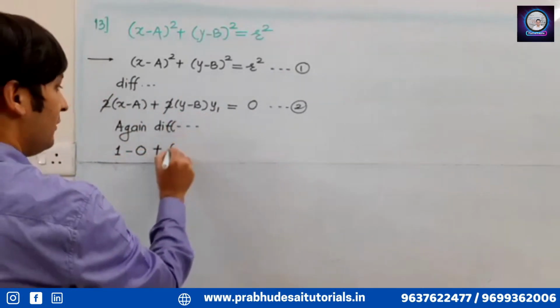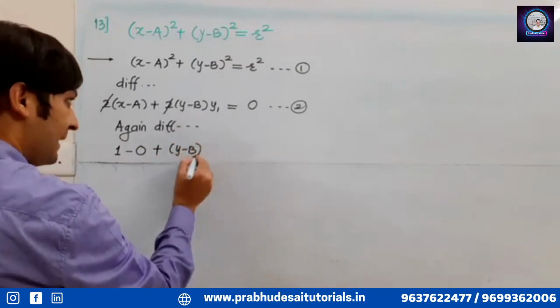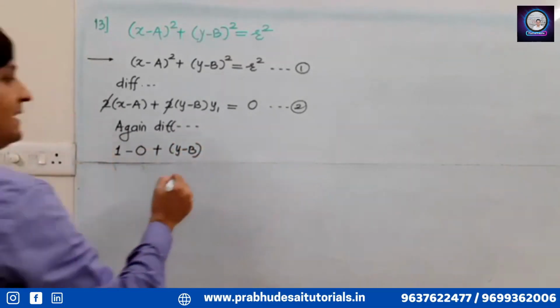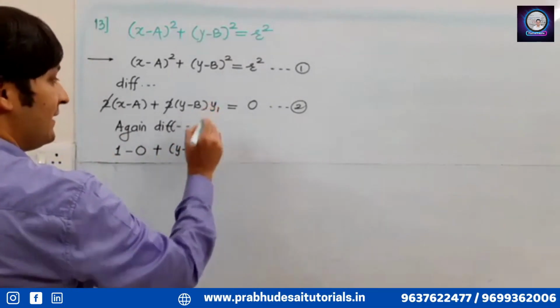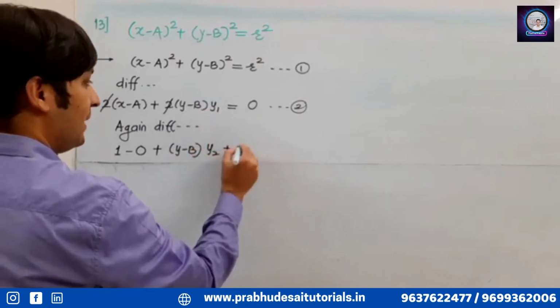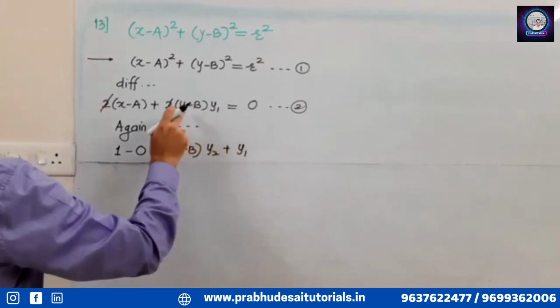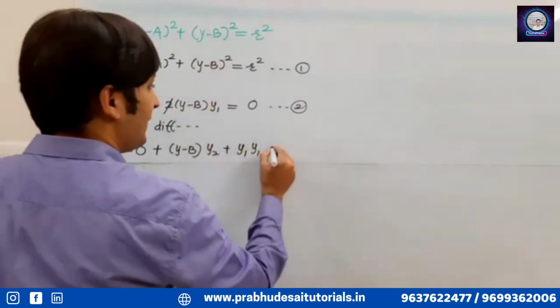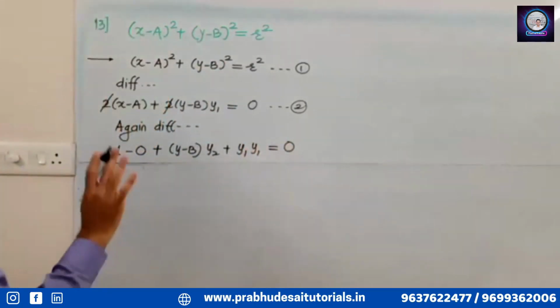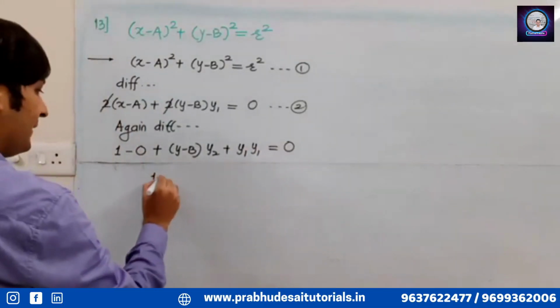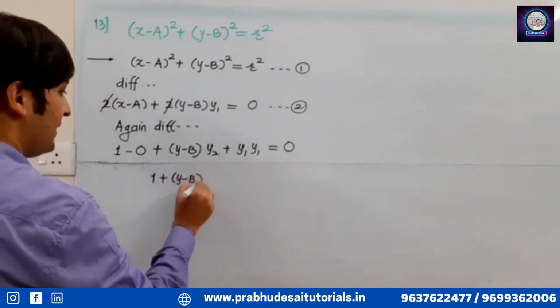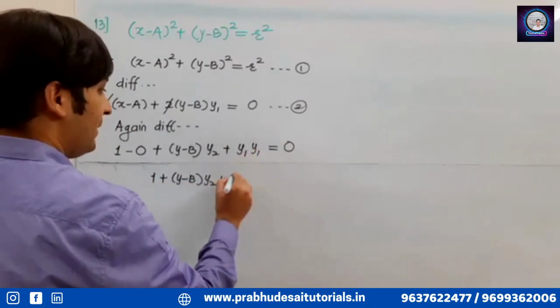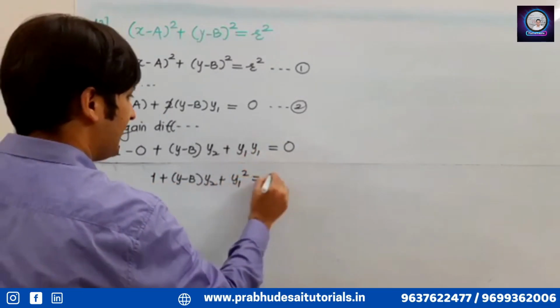UV rule: (y minus b) into derivative of y1 is y2, plus y1 into derivative of (y minus b) is y1, b will be 0, is equal to 0. So I got it like this: 1 plus (y minus b) into y2, plus y1 square is equal to 0.